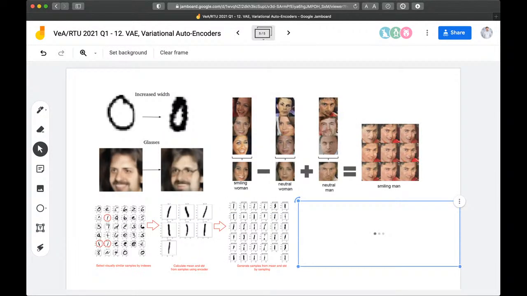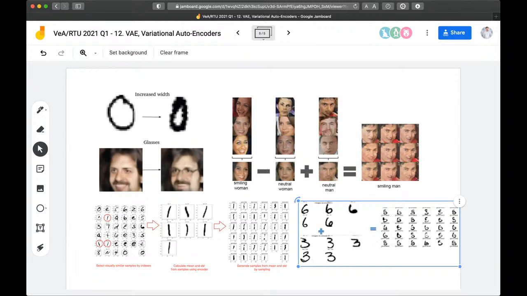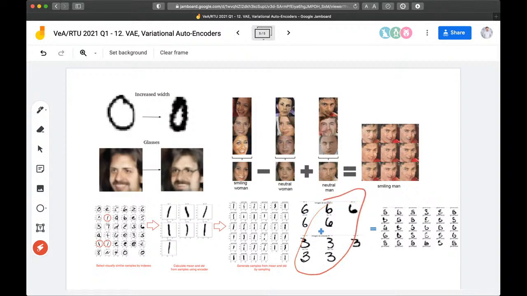So here is another example. You select from the dataset 5 samples of 6s, calculate the z's, calculate the mean of that, then select 3's, calculate the mean of those z's, and then calculate the mean of both, and then generate the samples, and you will get something resembling 8 many times.